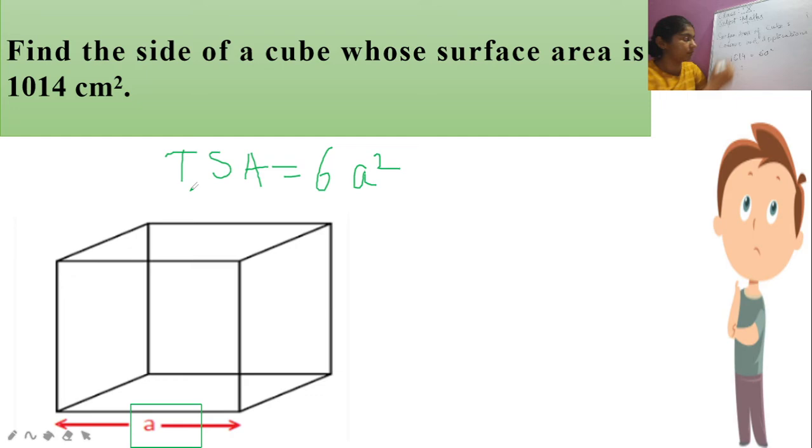So how will you solve this question? You have to shift this term to the left hand side, then you will get a square, right? So do it and tell me the correct answer. Write down your answer in the comment box.